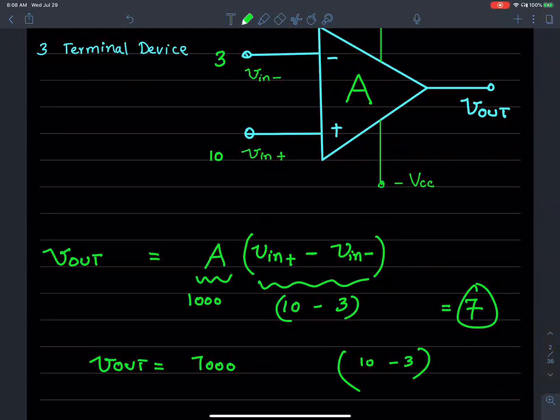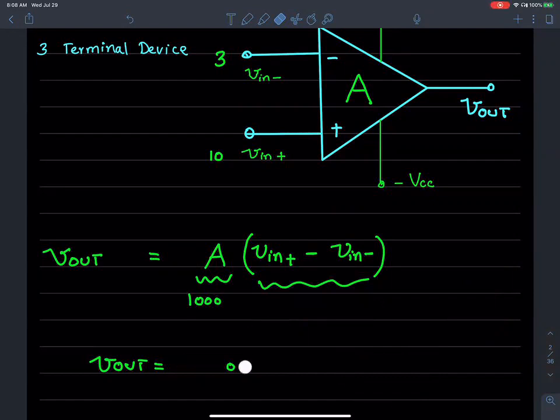So let's say I apply 10 volts on the positive terminal and 3 volts on the negative terminal. That difference is amplified by a factor of 1000. Hence the name operational amplifier, OpAmp, because it simply amplifies the difference between the two input terminals. Very simple idea.